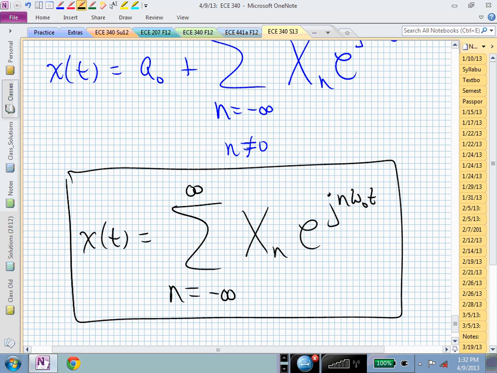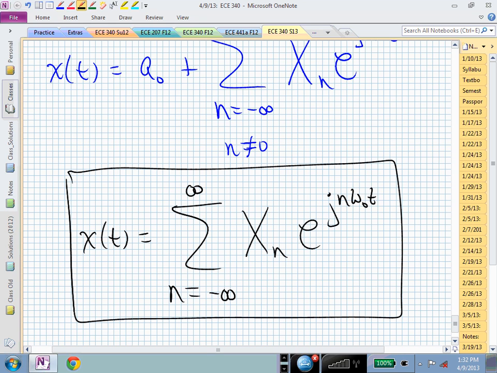Now we are asking, really, again, for each of these complex exponentials, e to the j n omega naught t, when you see that, what do I want you to be thinking? If that's confusing, what is e to the j n omega naught t?